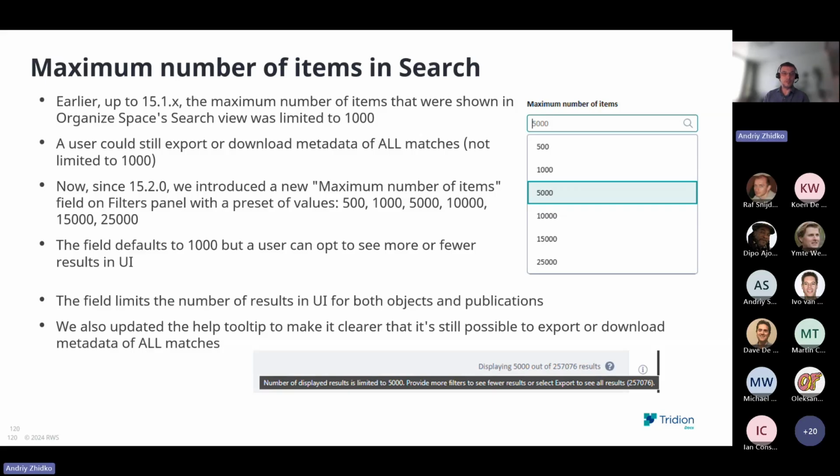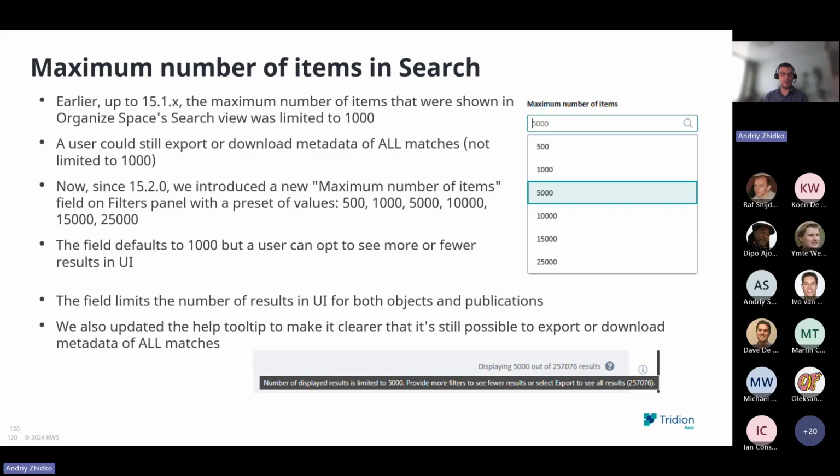So there is a new field that allows you to specify a maximum number of items that will be returned. In previous versions, we were always returning a maximum of 1000 items, and the user was able to export the entire list and do whatever they want with that information.